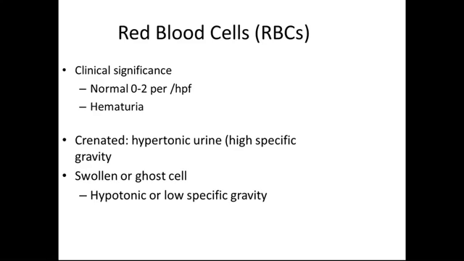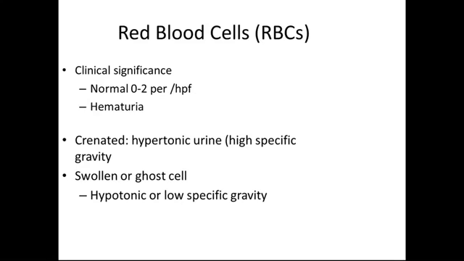Red blood cells, or RBCs, normal, there are 0 to 2 per HPF, meaning high power field, or 40x. If there is an abnormal amount, we call this hematuria. Red blood cells can be either crenated or swollen or ghost cells, and this is highly dependent on the specific gravity of the urine.